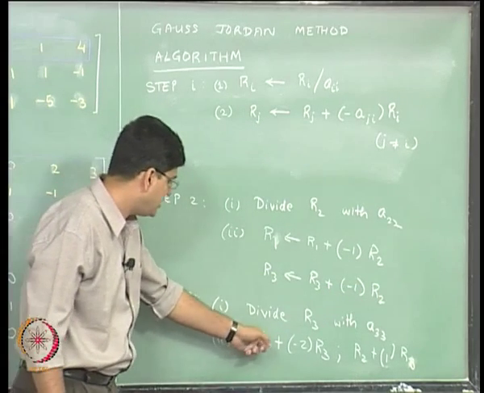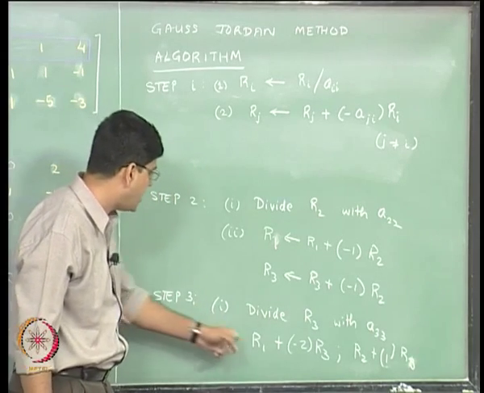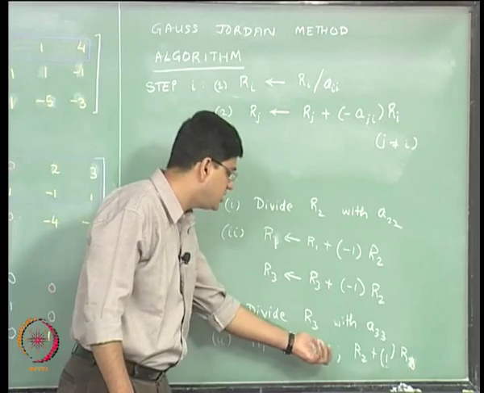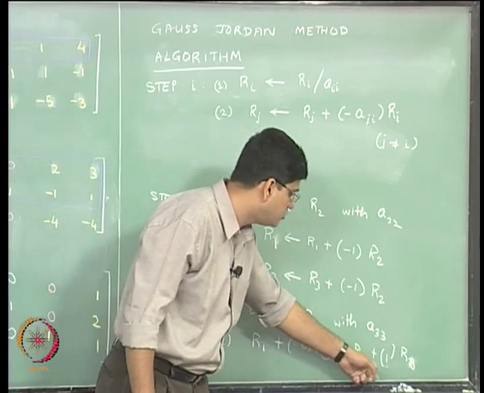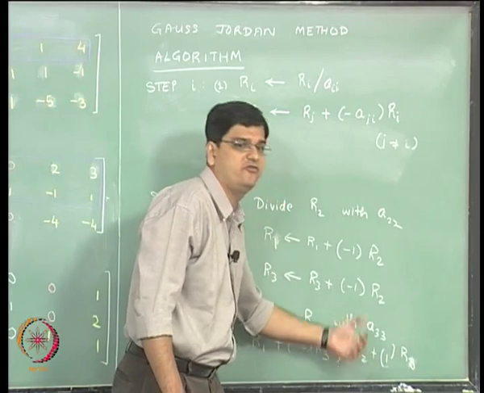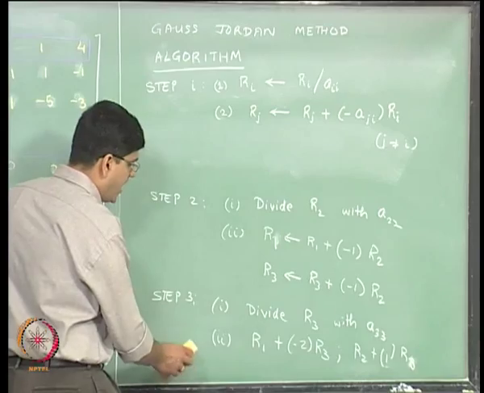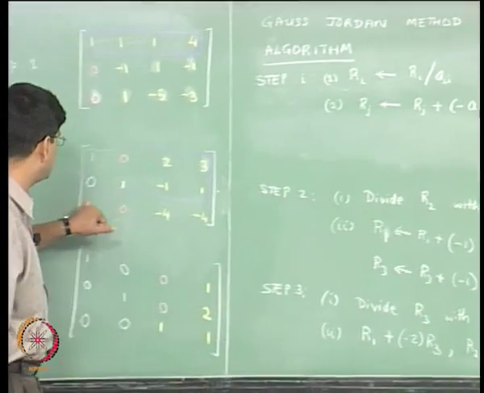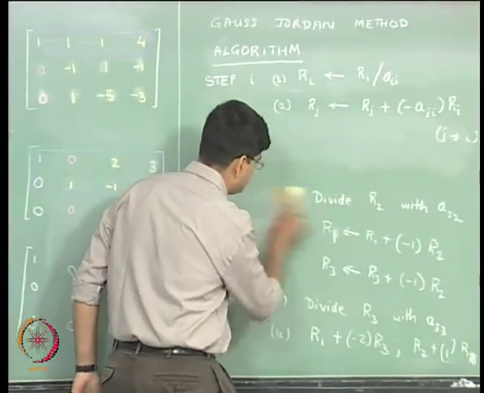Likewise, in step 3, R1 is R1 minus A13 multiplied by R3, R2 is R2 minus A23 multiplied by R3. And each of those row operations itself has multiple operations for each element in that particular row.